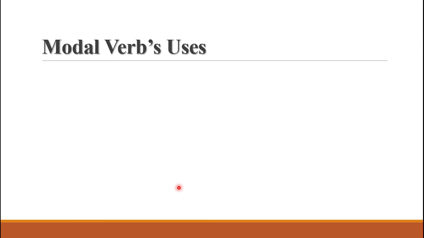So it's very important to know that the modal verb can express very different meanings depending on the context. Quando nós falamos dos verbos modais, não é? Os modal verbs, eles podem expressar muitos significados, mas temos que olhar muito para o contexto, não é?